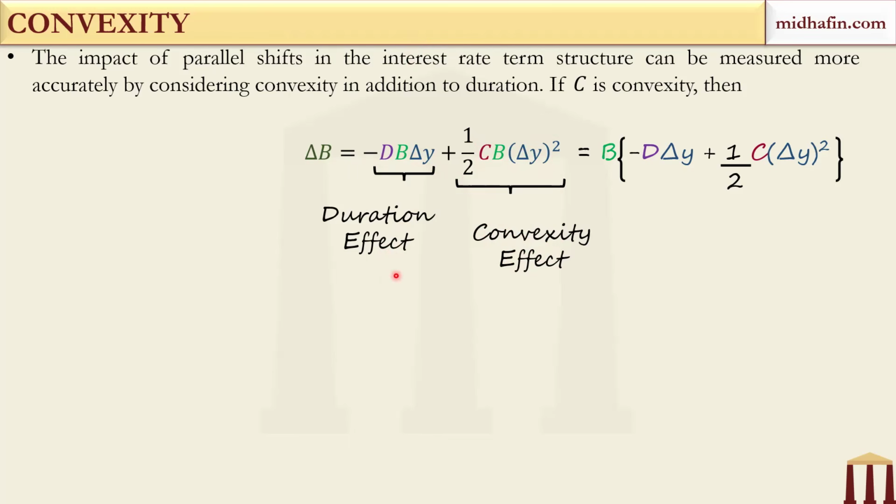So convexity is estimated in the same way as duration, a weighted average, the same idea. The only difference is that the weighted average is taken of time square, not time. And modified convexity is expressed like this: convexity divided by (1 plus y) whole square.